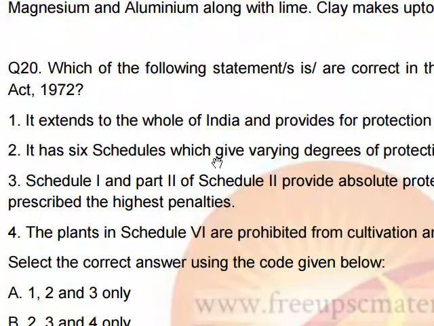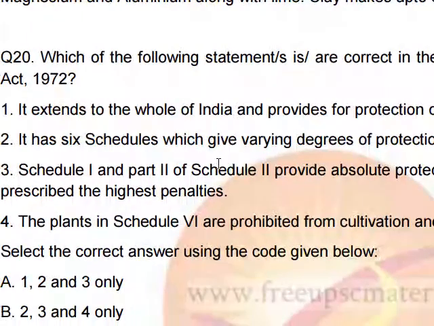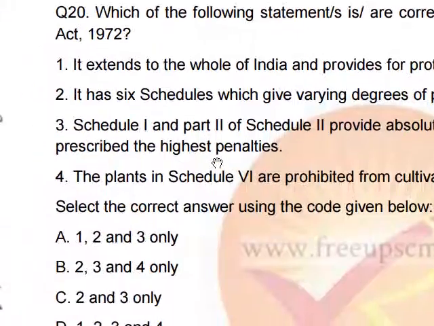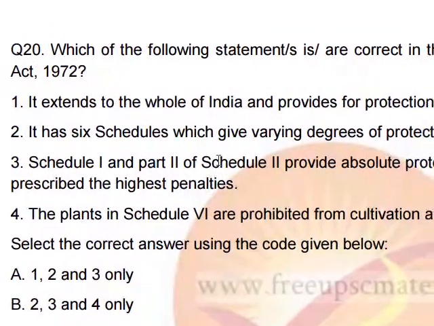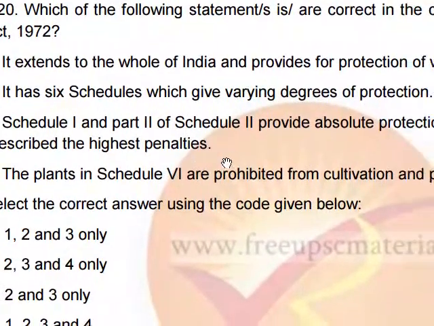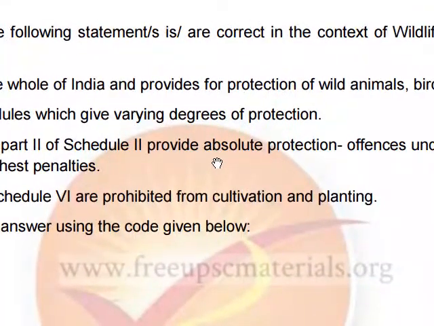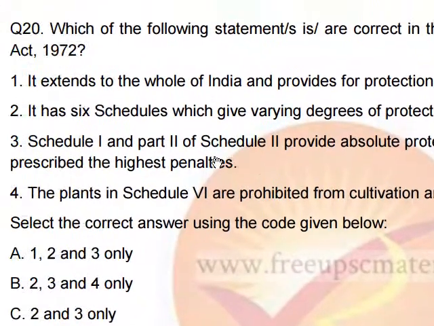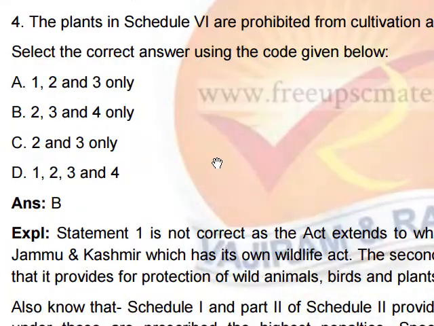Second, it has six schedules which give varying degrees of protection. It is correct. Schedule 1 and Part 2 of Schedule 2 provide absolute protection. Offences under these prescribe the highest penalties. The plants in Schedule 6 are prohibited from cultivation and planting. Okay, it's correct. 2, 3, 4 correct. B correct.